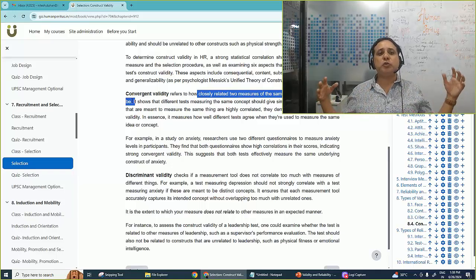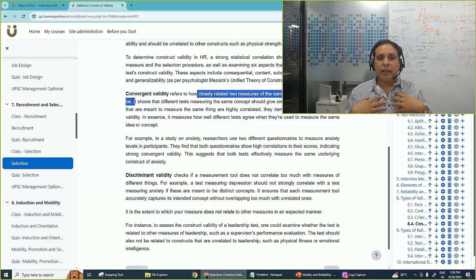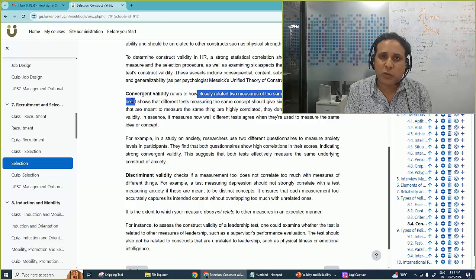If we know that they are related, and our test is capturing both of them, that means what?